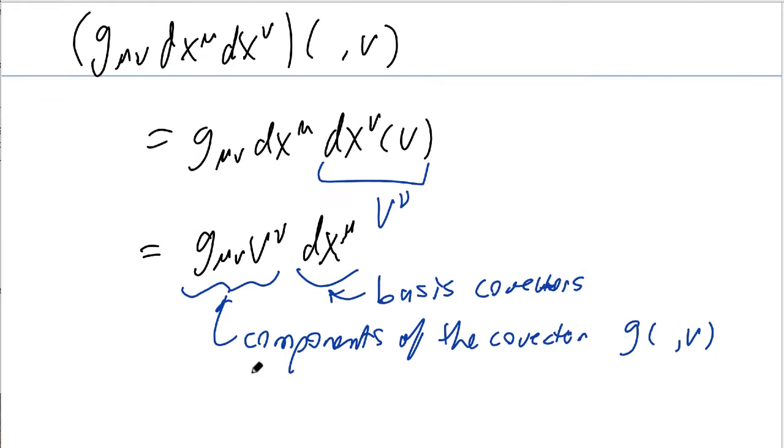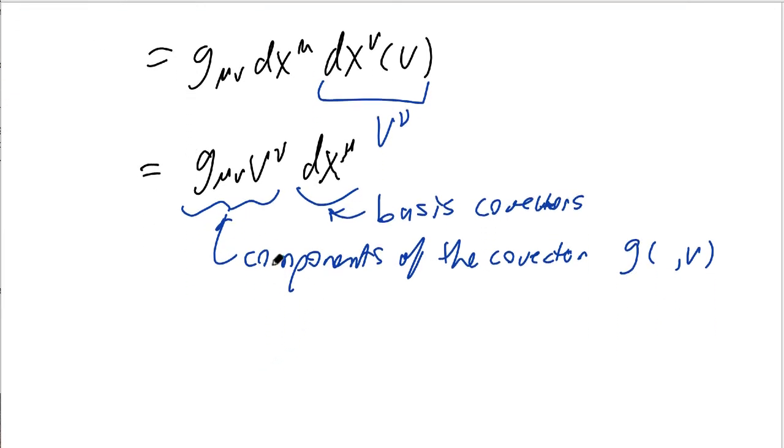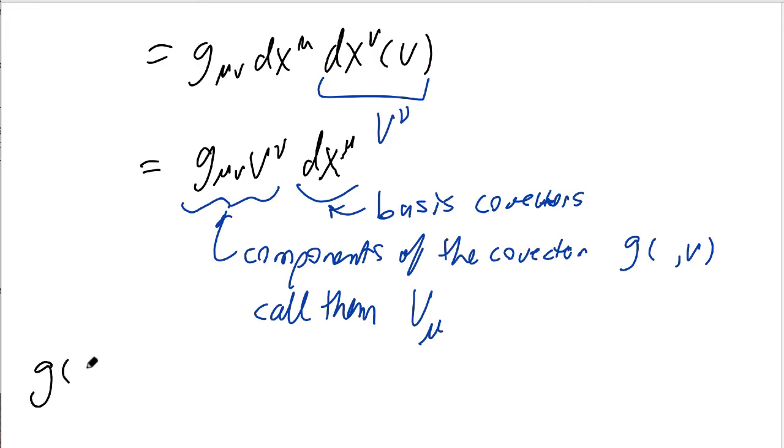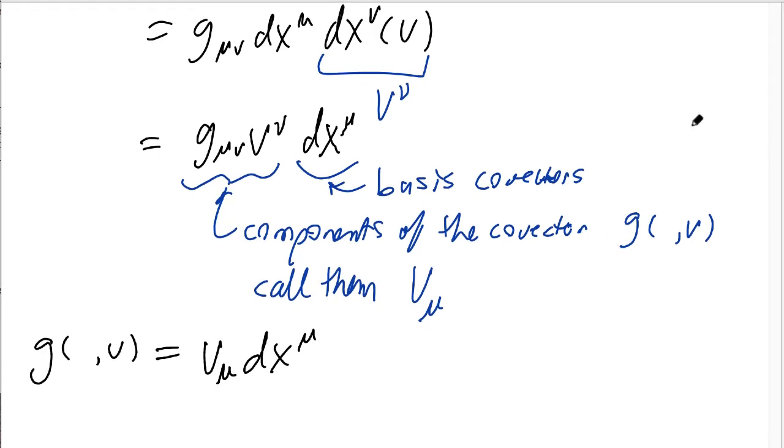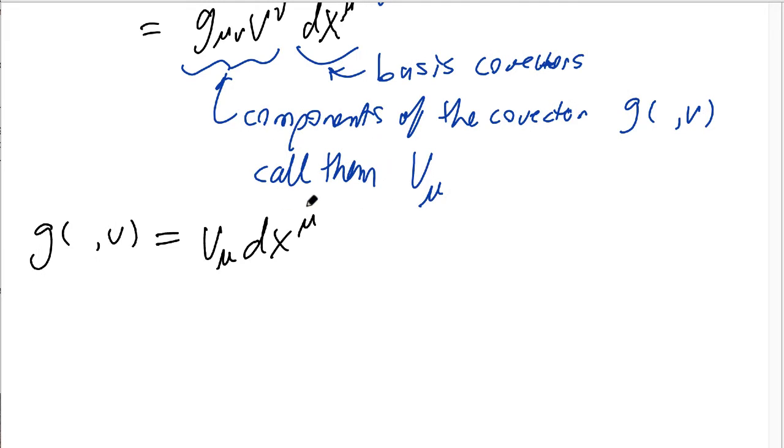This construction occurs so frequently in general relativity that we're going to give a special name to these components. We're going to call them v subscript mu. So we can now write this covector as v_mu dx mu. Now you'll notice this definition of the components of the covector. Let me write it out explicitly. It's v subscript mu equals g_mu nu v superscript nu.